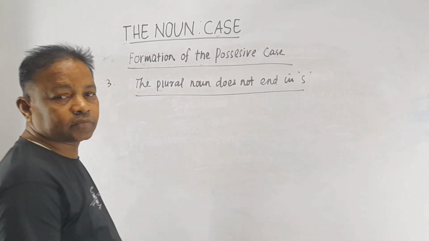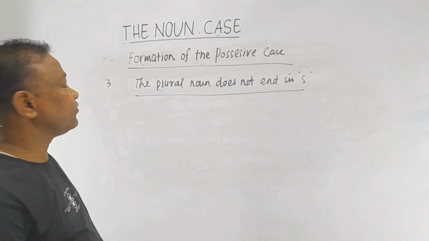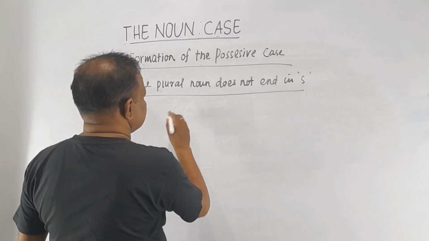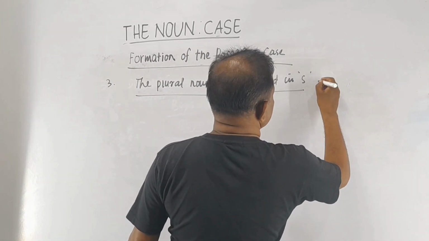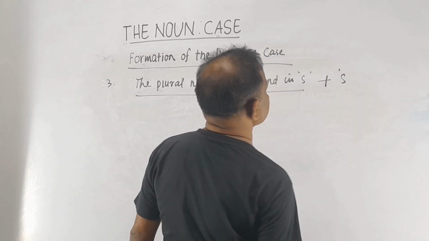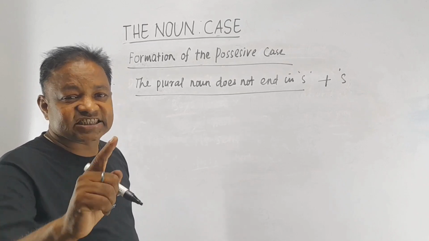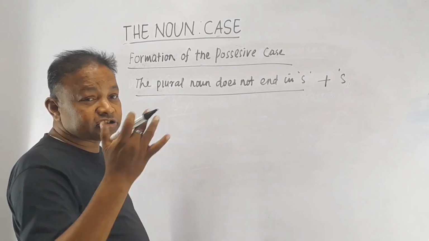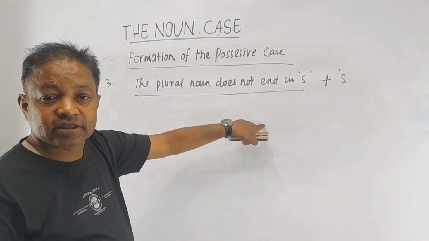Okay. How to develop the possessive case? So in this case, what to do? Simply here you need to add apostrophe s. If the plural noun does not end in s, in the possessive form, in the possessive case, you have to add apostrophe s to that noun.